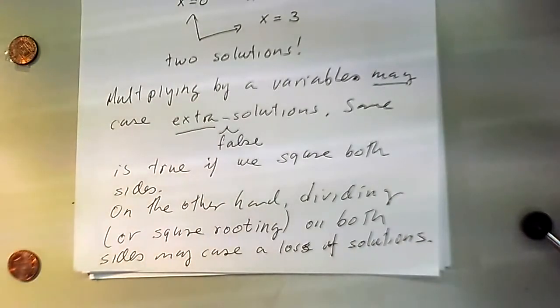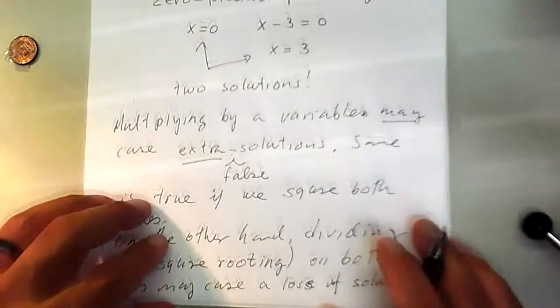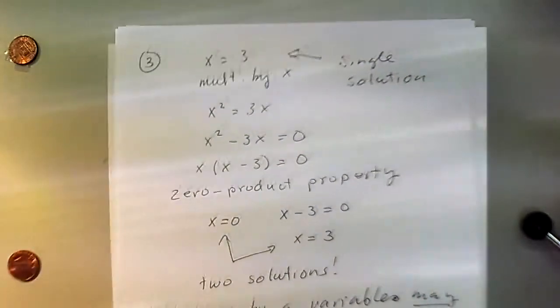So we have to be extremely careful when we multiply by variables or divide by variables.